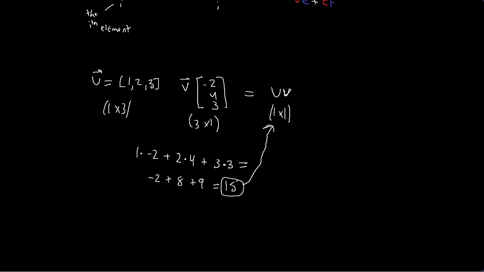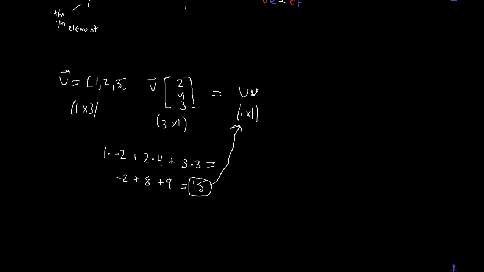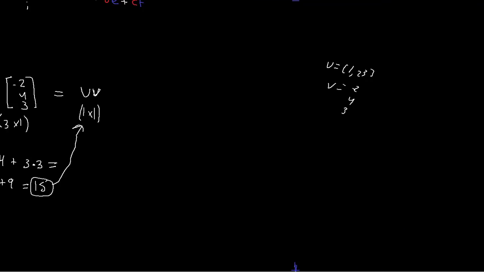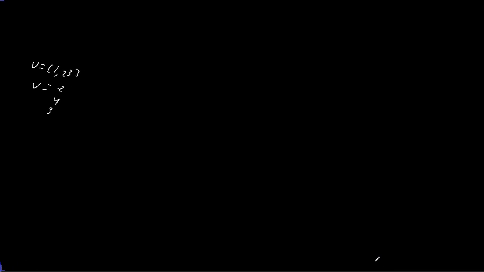Okay, so let's give ourselves a little bit more room here. I'm going to reach over here and quickly write down the numbers. U equals 1, 2, 3, and V equals negative 2, 4, and 3. Now I've got them scratched over there, so I can write them out more thoroughly.